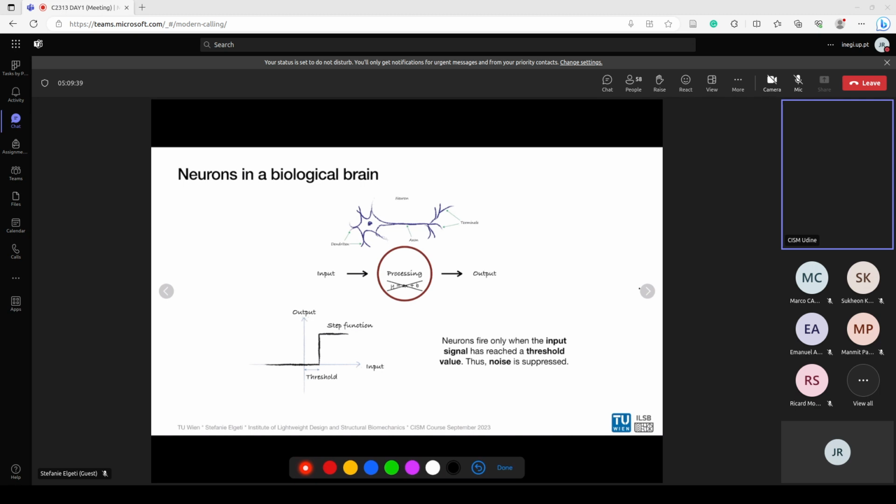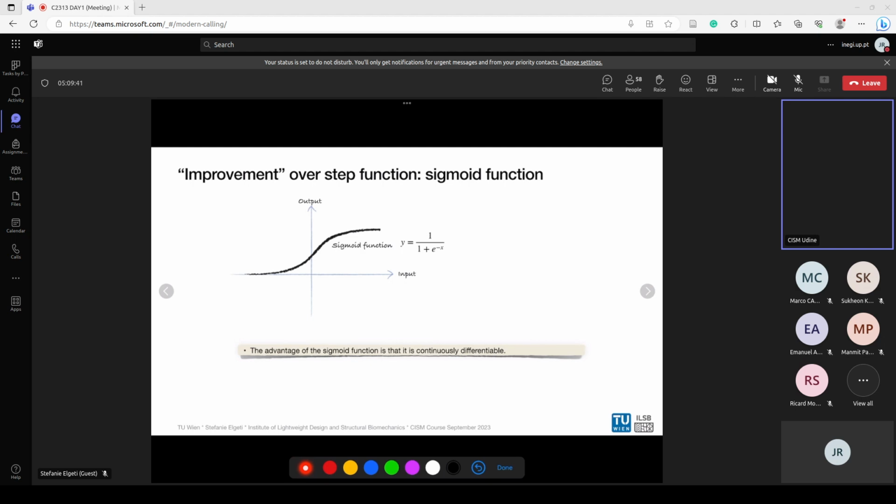Otherwise, it does not react to the input. The step function is not very useful because it's not continuously differentiable. So instead, one can use the sigmoid function, which looks like this. And this is how it's computed, but there are many other functions. You want to replicate this behavior: you have a certain threshold after which the neuron starts to react to something.